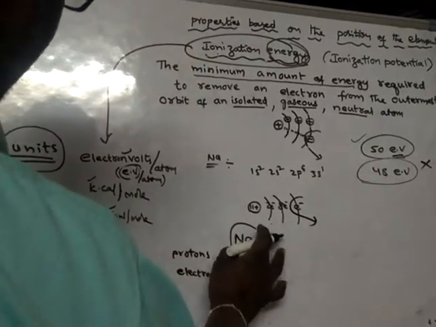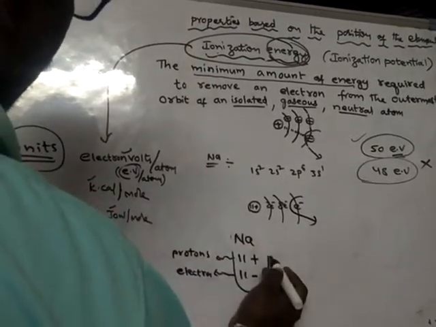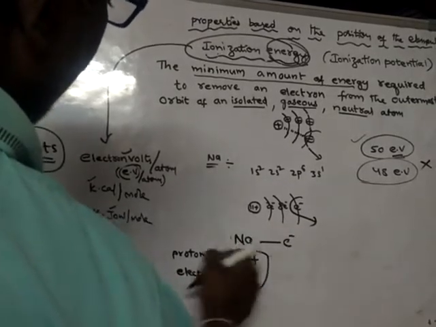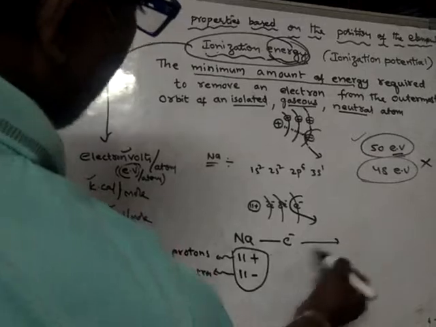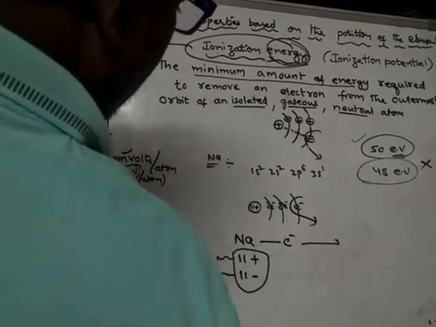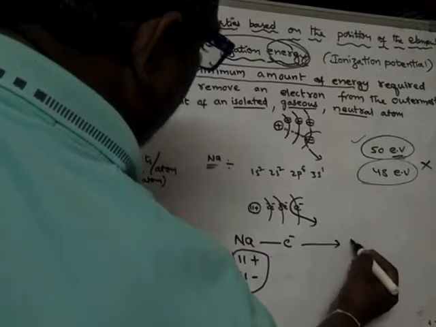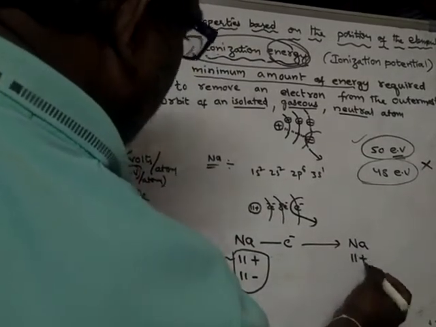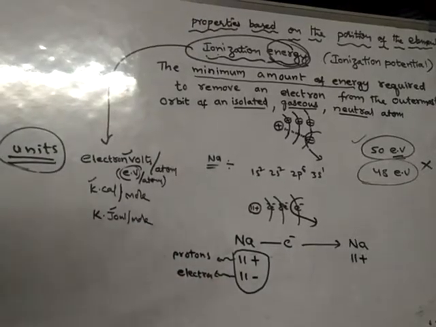Now what has happened? From this sodium atom, I have taken out one electron. That means I am subtracting one electron. So upon removing one electron, what happens? Now the remaining sodium atom has 11 positive charges because I am not disturbing the positive charges.